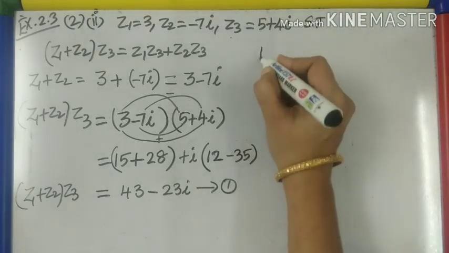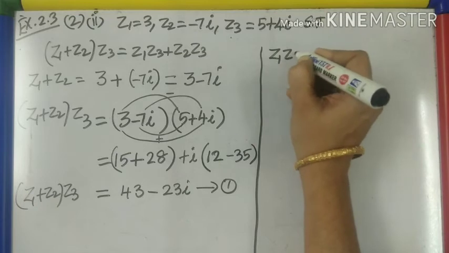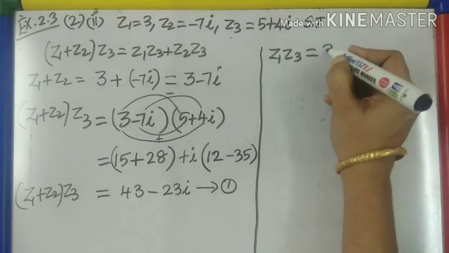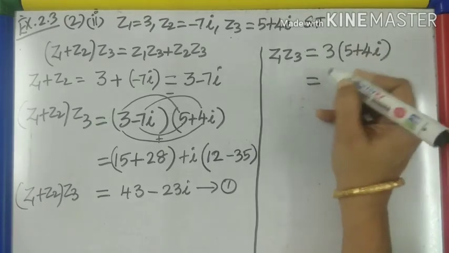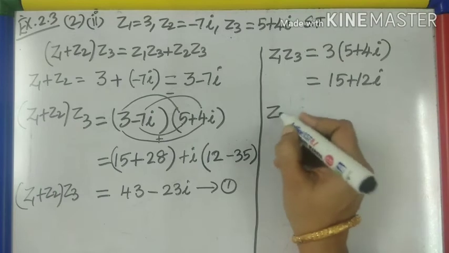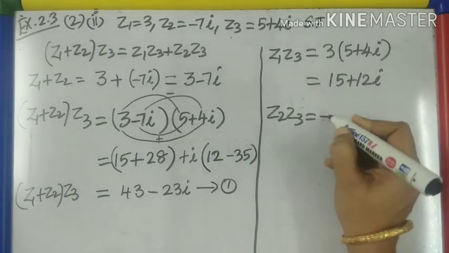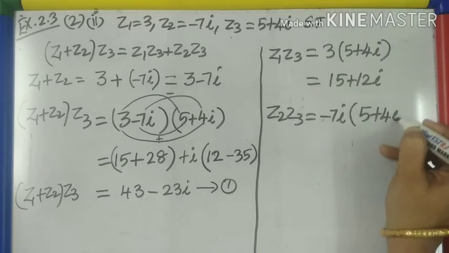Now I want to find out what is Z1 Z3 and Z2 Z3. So Z1 Z3. Z1 is 3, Z3 is 5 plus 4i. As I multiply, 15 plus 12i. Z2 Z3. Z2 is minus 7i and Z3 is 5 plus 4i.